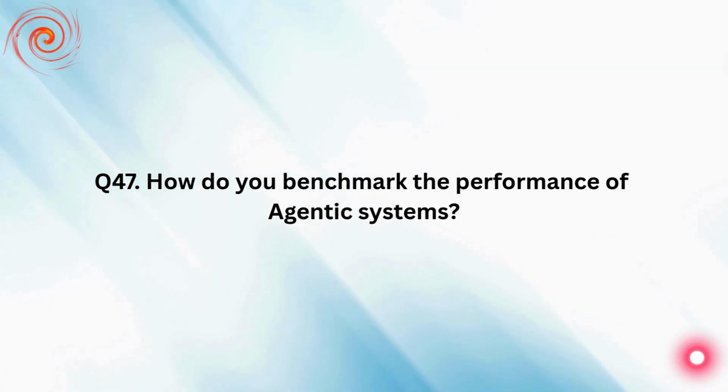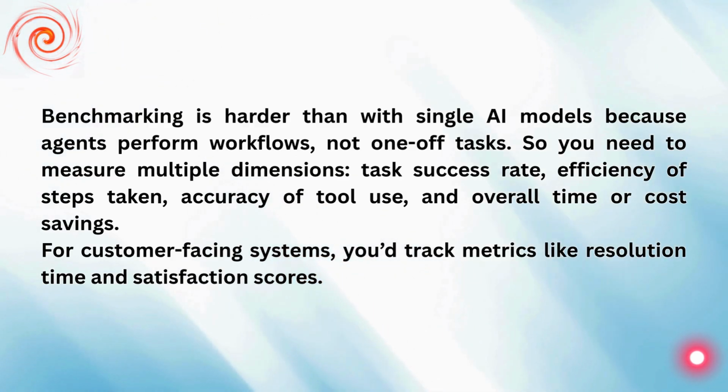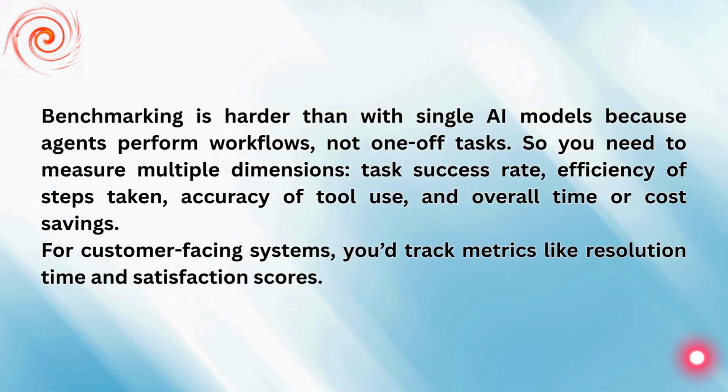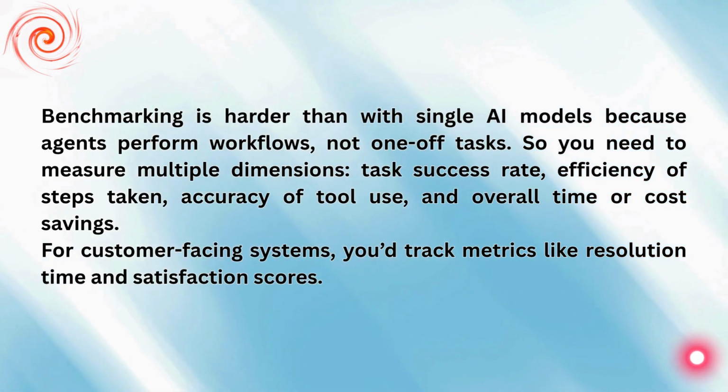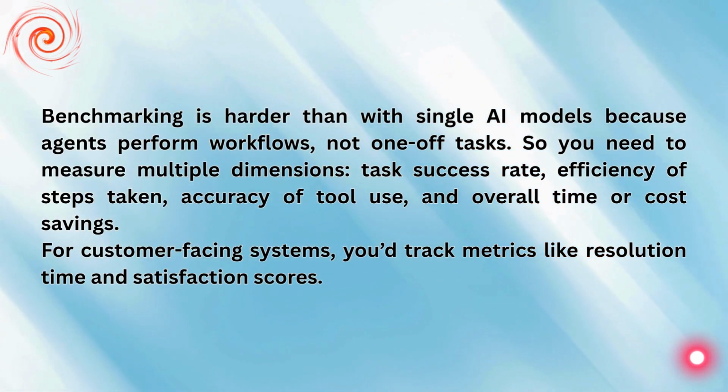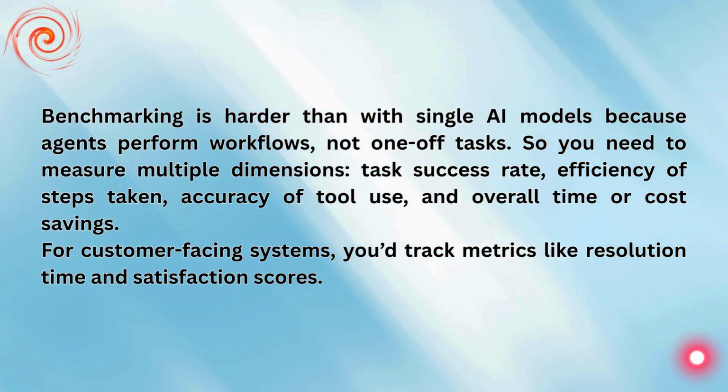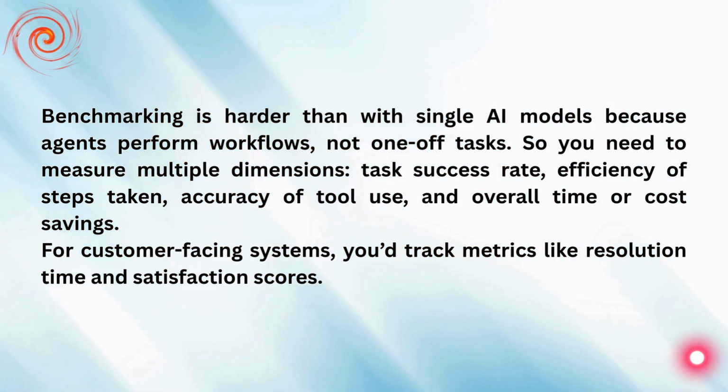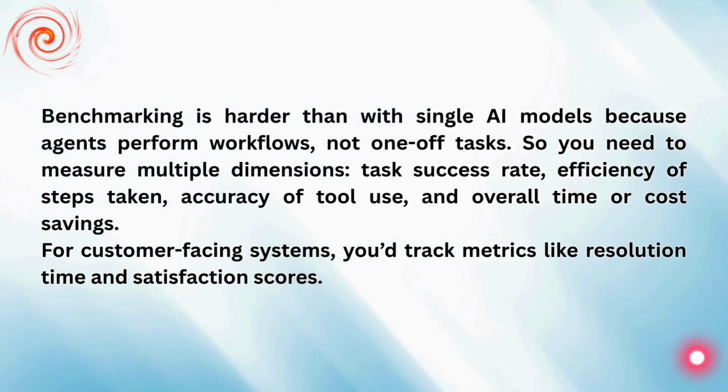How do you benchmark the performance of agentic systems? Benchmarking is harder than with single AI models because agents perform workflows, not one-off tasks. So you need to measure multiple dimensions: task success rate, efficiency of steps taken, accuracy of tool use, and overall time or cost savings.